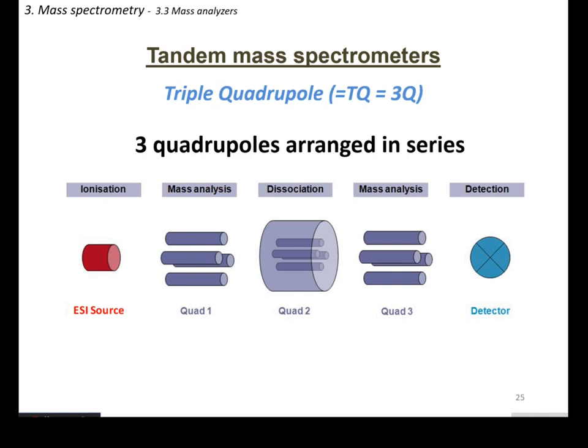Now let's talk about another type of mass spectrometer that is very important, which are tandem mass spectrometers. In this case, we don't use just one mass analyzer, but several. The first case is the triple quadrupole, which we call also TQ or 3Q. Three quadrupoles are arranged in series, quad 1, quad 2, and quad 3, between the ion source on the left and the detector on the right.